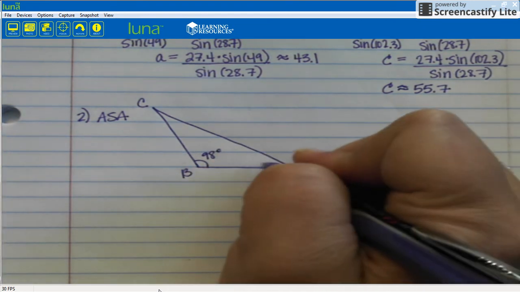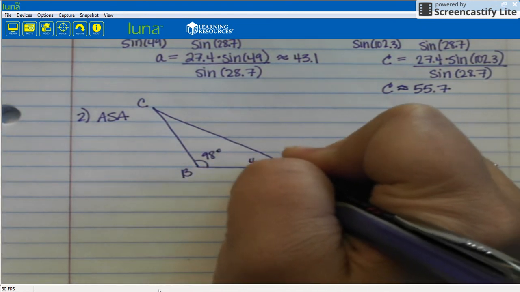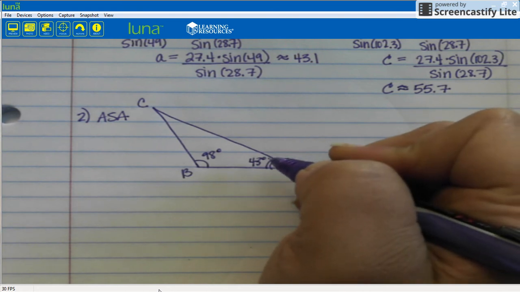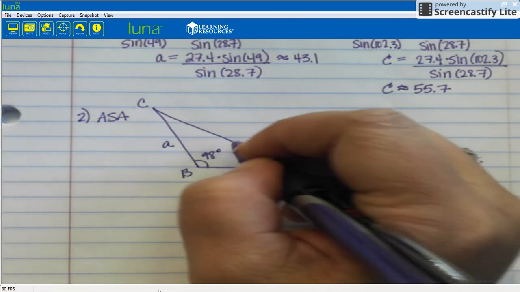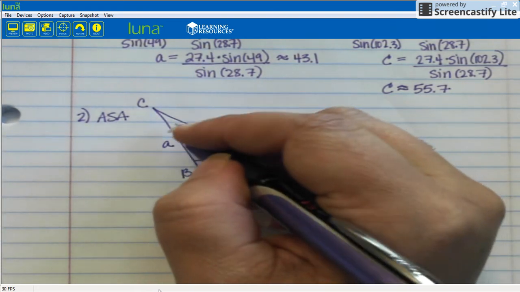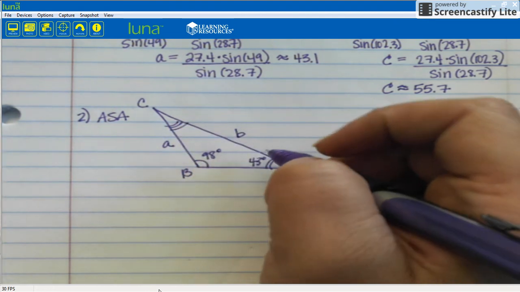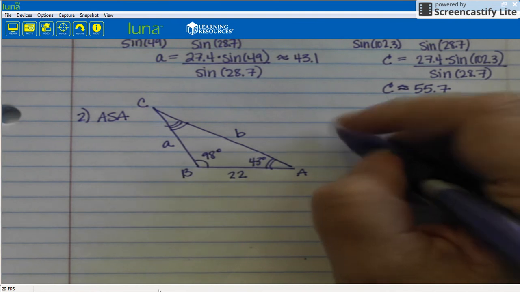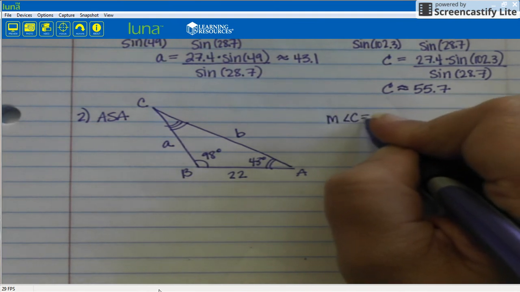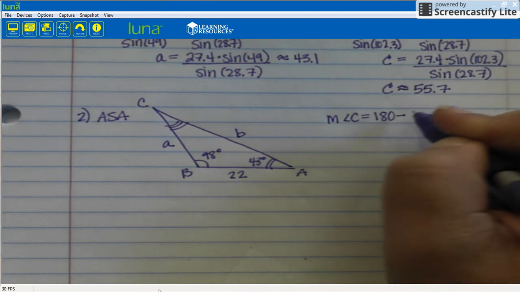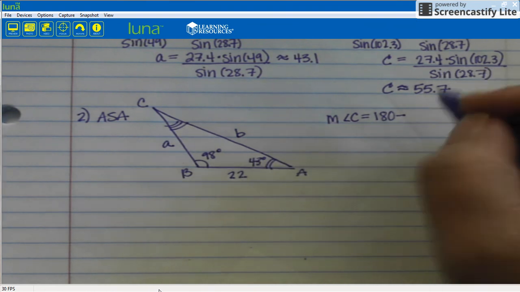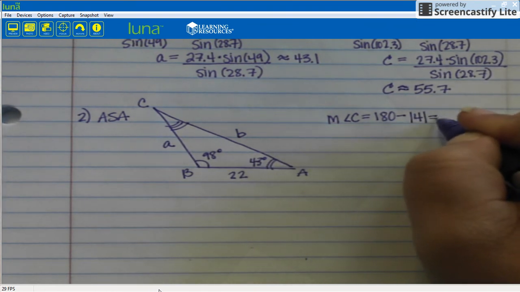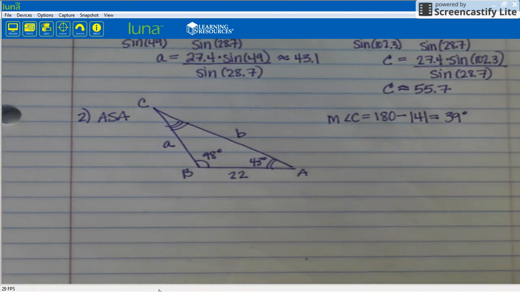The measure of angle A is 43 degrees. Find little a, little b, and angle C if you know that little c is 22. So the measure of angle C is going to be 180 minus 98 and 43, which gives me 141. So this is going to be 39 degrees.